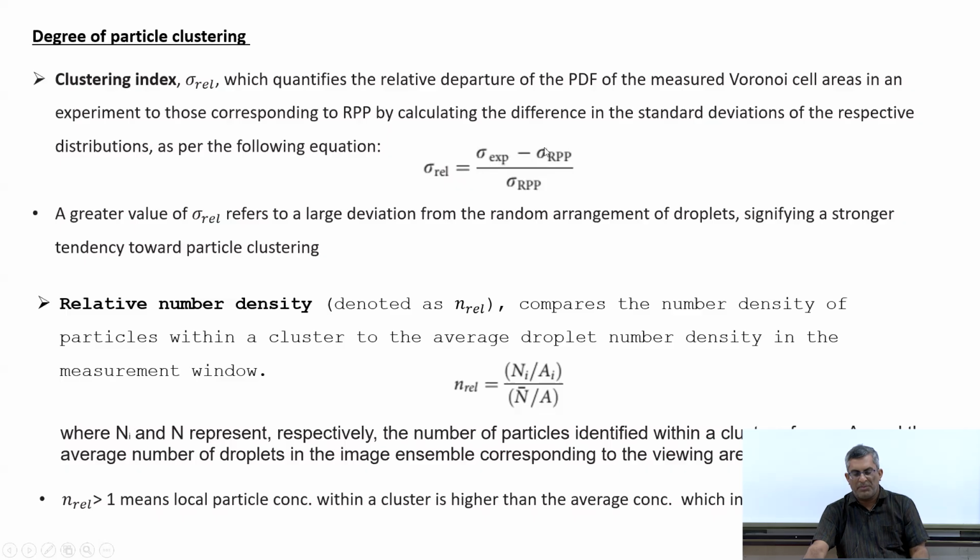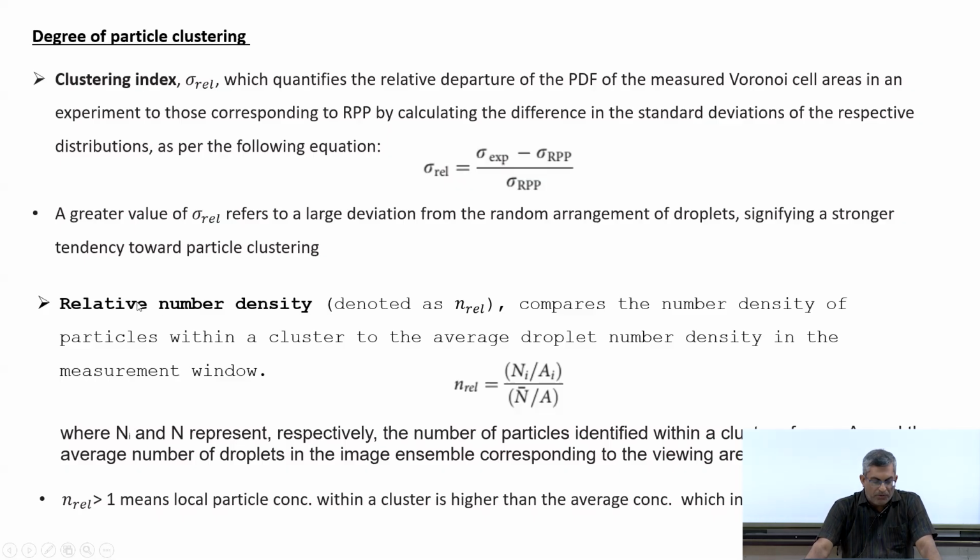You have the experimental PDF, this is the Poisson PDF, and then you normalize. So this is called the degree of clustering. A greater value of this degree of clustering refers to a large deviation from the random arrangement of particles, signifying a stronger tendency towards particle clustering.